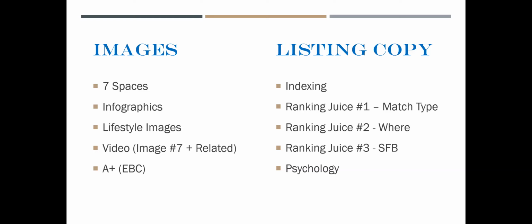So I don't recommend using subject matter, even though it indexes well, because if you're relying on the algorithm to check your subject matter, and then all of a sudden they take that away one day, it could de-index your listing. You could fly off of page one, and your sales are done, and then you have to work really hard to re-index that. You have to add that keyword back in somewhere, get it recognized, run a relaunch. It's a real pain. So I don't recommend you use the subject matter.